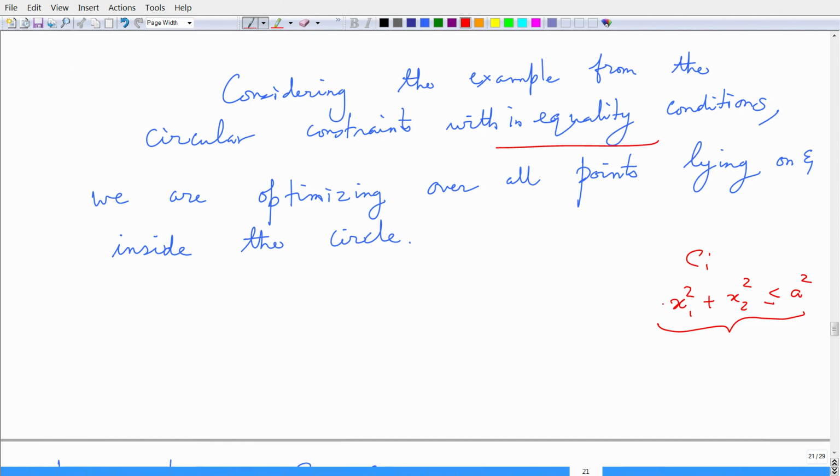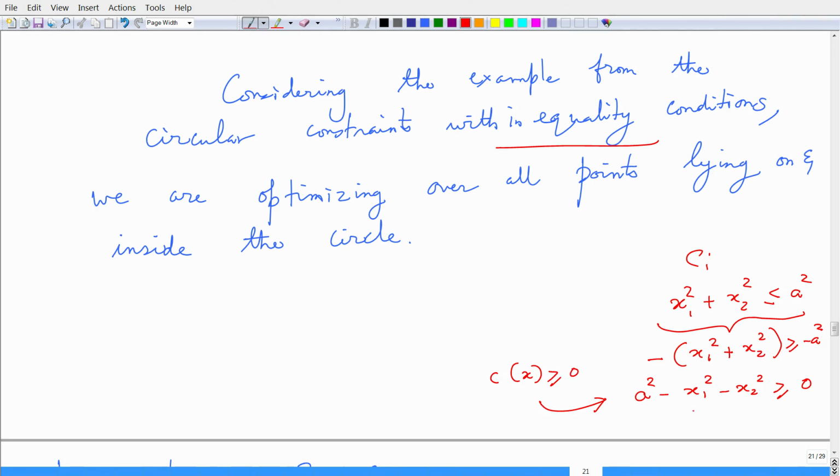And if I negate the sign, I put minus of x1 square plus x2 square, so this is greater than or equal to minus a square, and I transpose it, I can have a square minus x1 square minus x2 square is greater than or equal to 0, and I can still think about my constraint in the form C of x is greater than or equal to 0, because I flipped the sign.